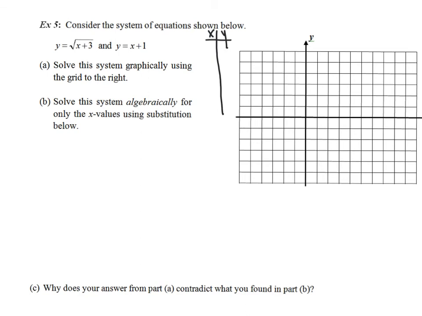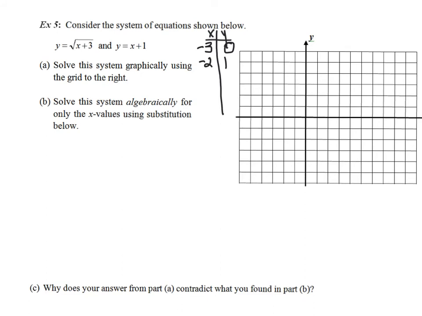I'm going to take a few minutes to make a table of values, focusing specifically on numbers that give me perfect squares underneath the radicals, so it's easier to graph these. So for example, negative 3 is going to be my first value for x. The square root of negative 3 plus 3 is going to give me a 0. When I try the next value, how about negative 2? The square root of negative 2 plus 3 is just 1.